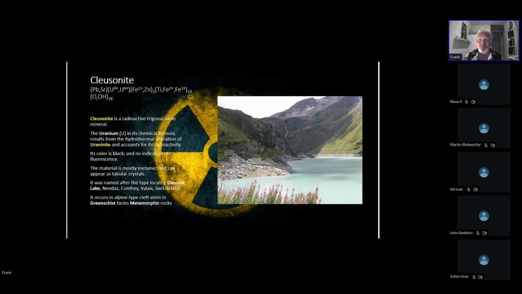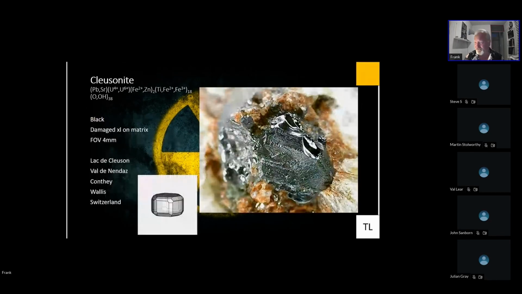The next mineral is cleusonite. Well, as you can see in the formula, it has a lot of elements in it. It's a radioactive trigonal oxide mineral, and again, the uranium comes from the hydrothermal alteration of uraninite. The color is black, and there is no indication of any fluorescence at all. Not in long wave, not in short wave.